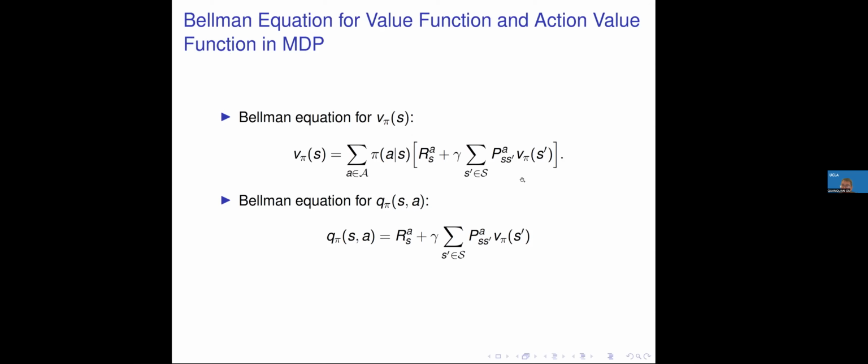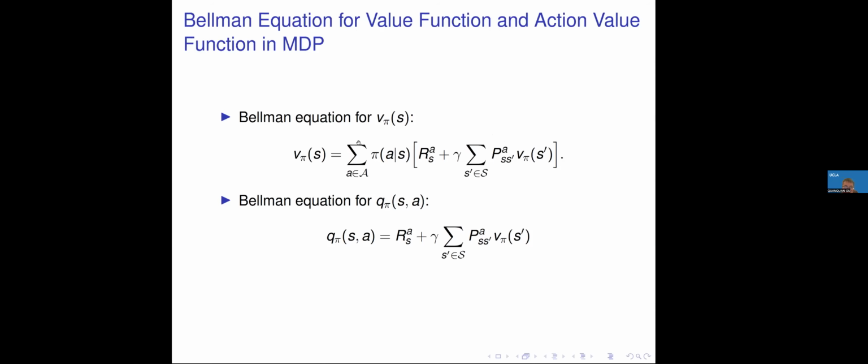At a high level, it tells you that the value function at state s by following policy pi can be written as the expected immediate reward if you take action a at current state s, and the expected value of the next state.